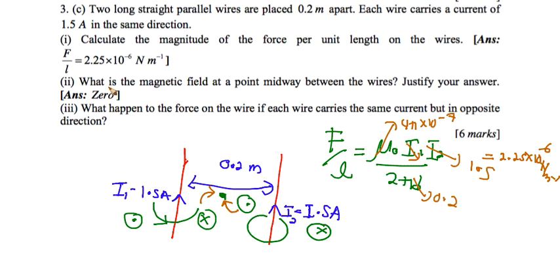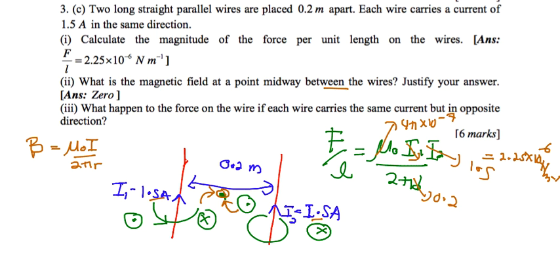And number 2: what is the magnetic field at the midpoint between the wires? So this is the midpoint here. Because the wires have the same magnitude of I, the magnitude of B is given by mu naught I divided by 2 pi r.